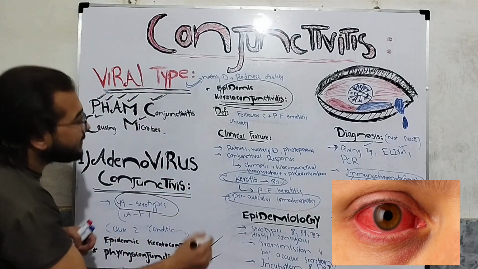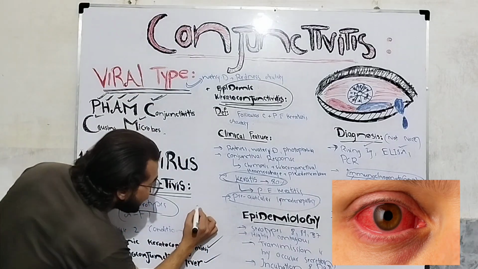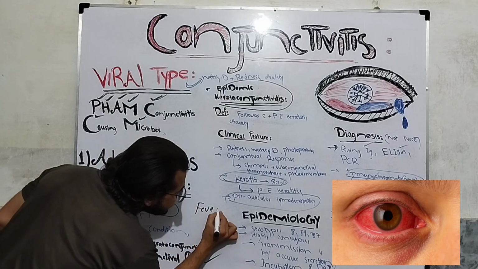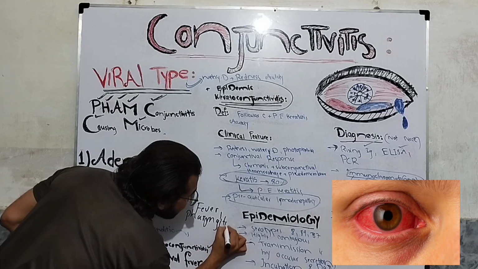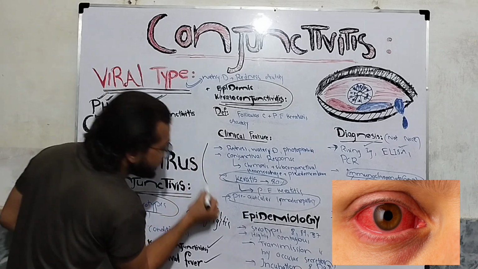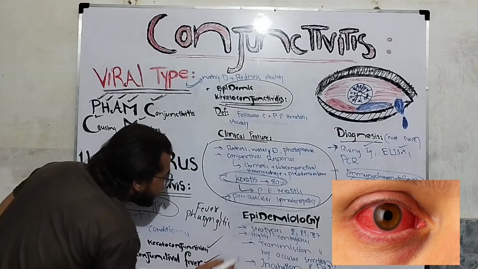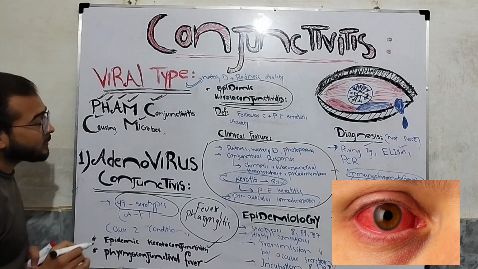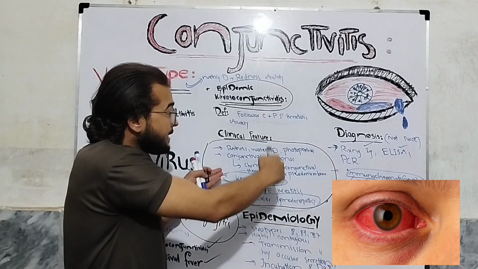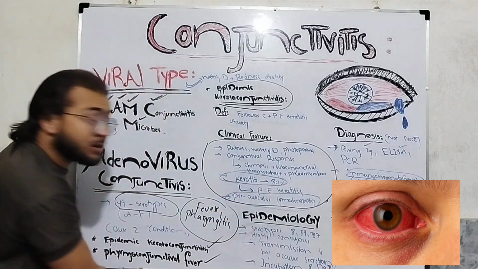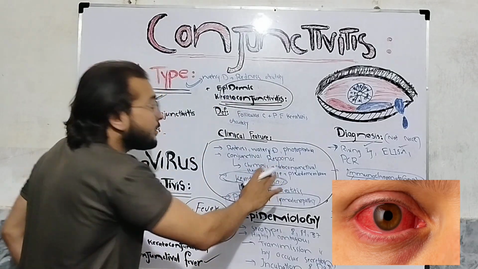But with these clinical features, pharyngoconjunctival fever will also have fever and pharyngitis. One more thing: these features are not so severe in pharyngoconjunctival fever, in contrast to epidemic keratoconjunctivitis, where these symptoms are severe.